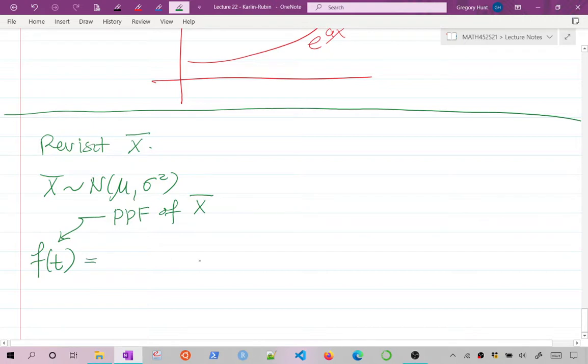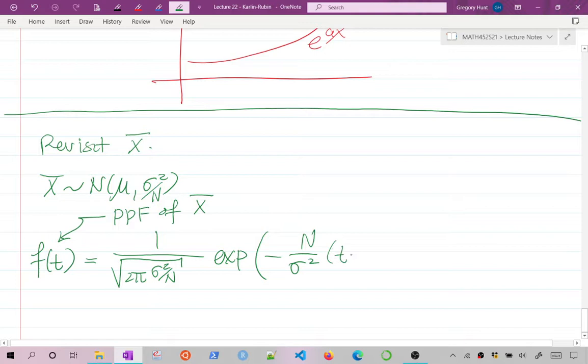What's our PDF? The variance should be sigma squared over n, right? So it's 1 over root 2 pi sigma squared over n, something like this, exp of negative, let's write it like this, t minus mu squared. So that's our PDF of X bar.